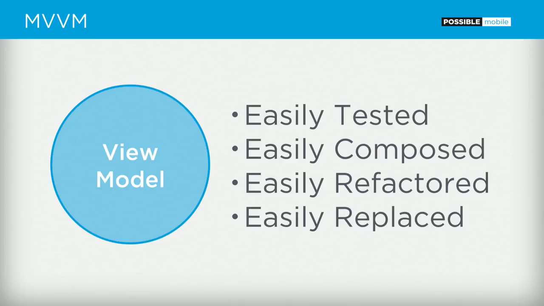View models are easily tested because you don't have to spin up an entire app in order to test them, right? A view model's job is just to go fetch some data and then output that data in some way for a view controller to consume, or not necessarily a view controller, but some other kind of object. And in a unit test, that's perfect because the unit test can be that other object and just consume the view model and get the data, and test the state of the data based on your testing harness, or if it's a service that you know well.